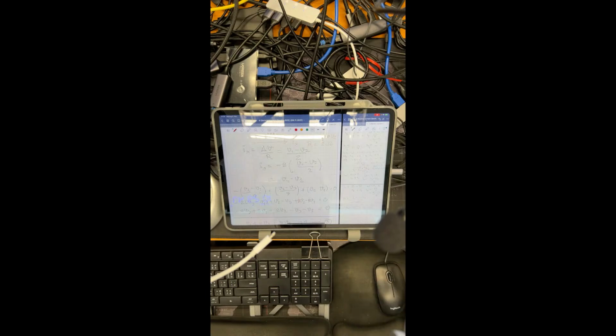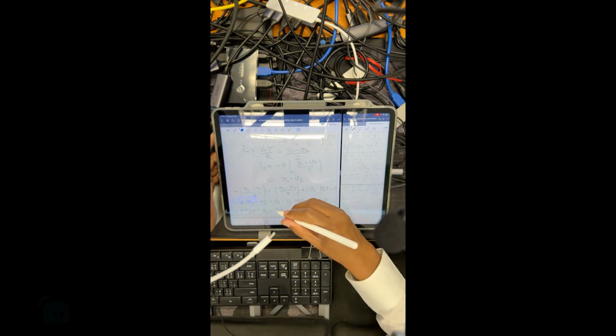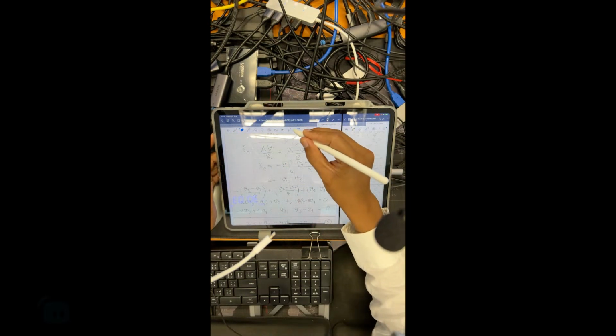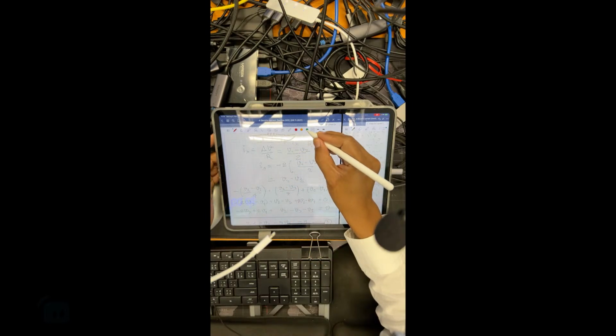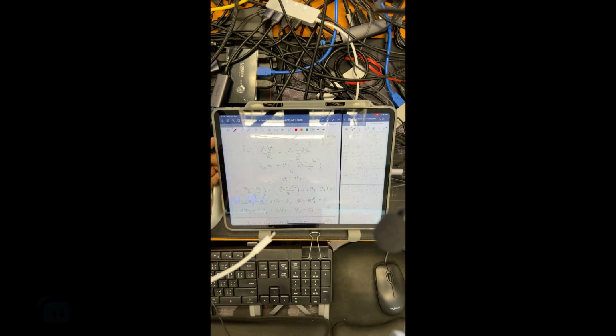V2, we have to change something with V2 again. Plus 8 and plus 8 and plus 1, right? It's number 9. Number 9 in front of V2. And V1, minus 8 V1, right?